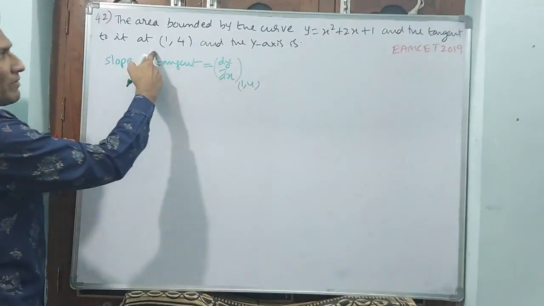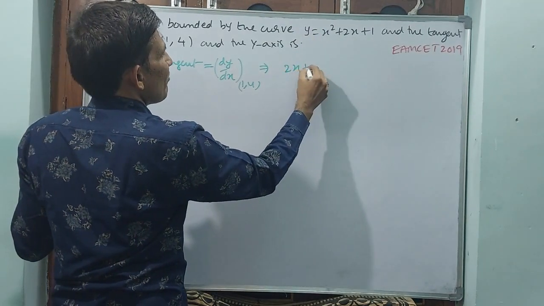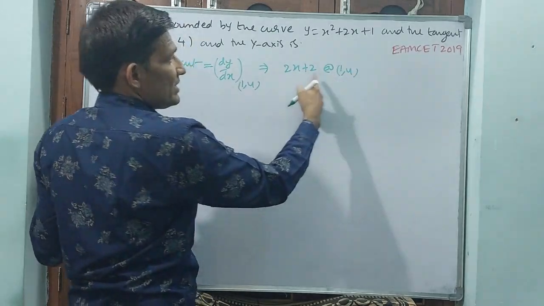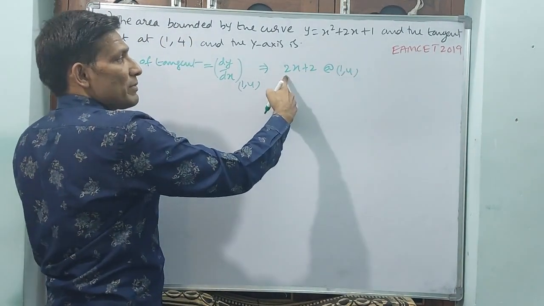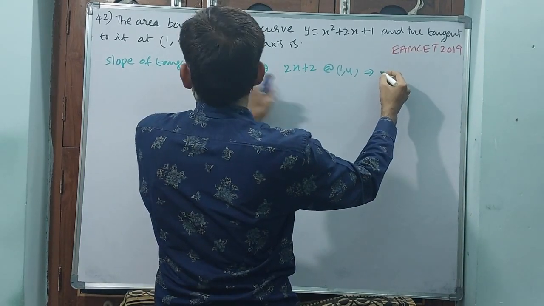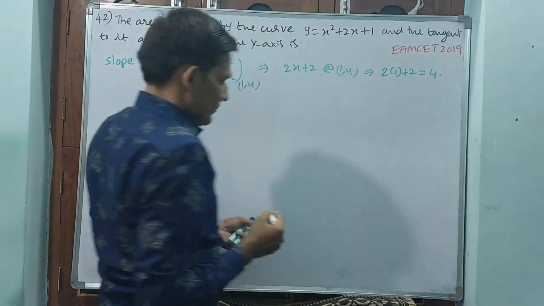Why? Because they have given this point, x y. Implies 2x plus 2 at 1 comma 4. That means x is 1, y is 4 you have to put, but y is not there. That means slope is equal to 2 into 1 plus 2, that is equal to 4.